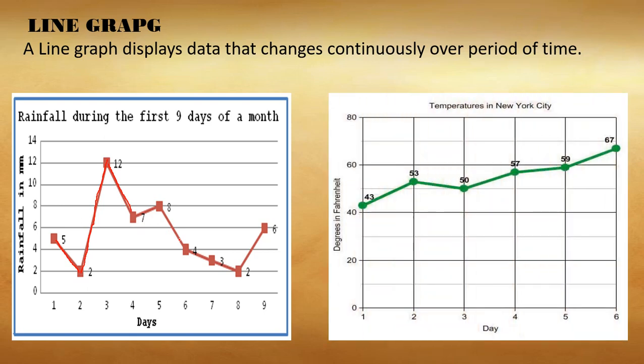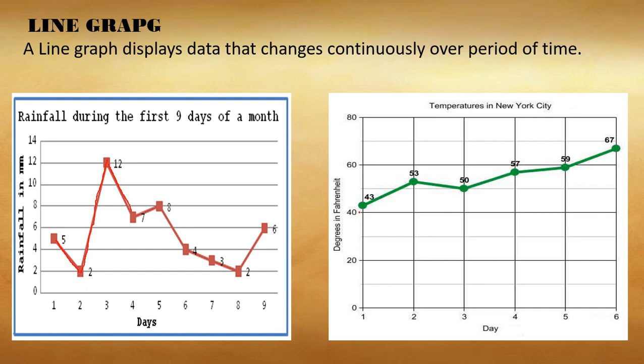Here also, if we talk about the temperature of New York City, the temperature can be high or low, depending. This graph shows that on the first day the temperature is 43 degrees Fahrenheit, but on the second day it goes up to 53 degrees Fahrenheit. On the third day it becomes 50 degrees, which means the temperature is lower than the second day.